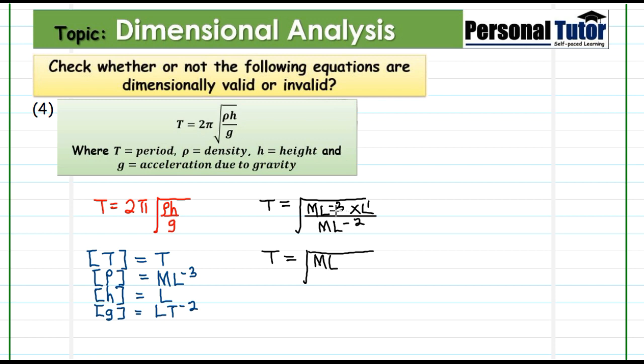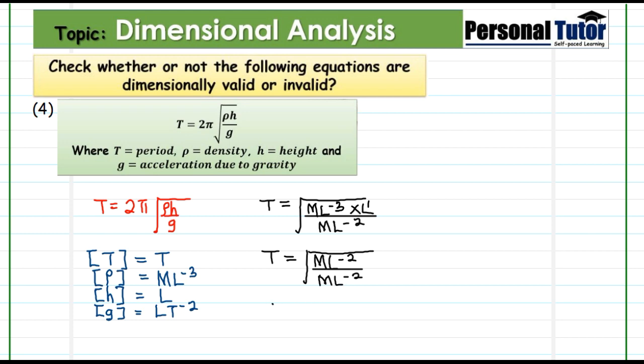The exponents are added, so negative 3 plus 1 is a negative 2. All over M L exponent minus 2. So this is what we are faced with.